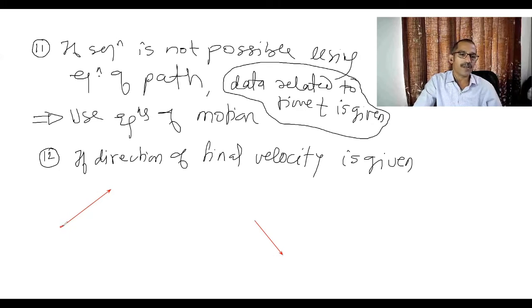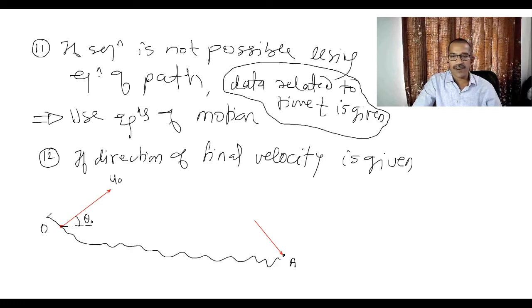Say this is point O, where we have U0 and the given angle theta 0. Where it strikes, say this point is A, so the path goes from O to A.